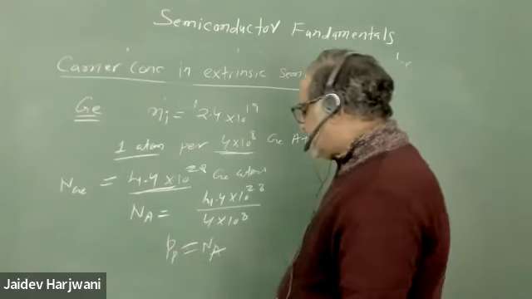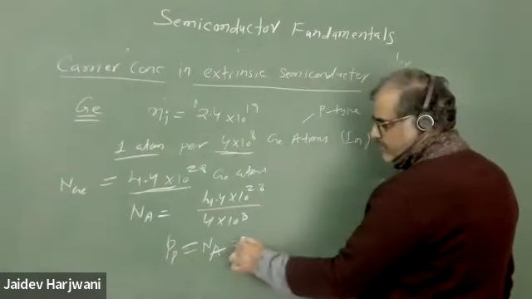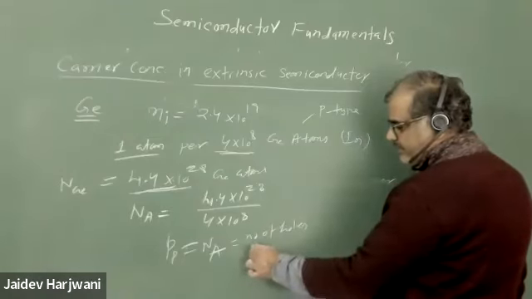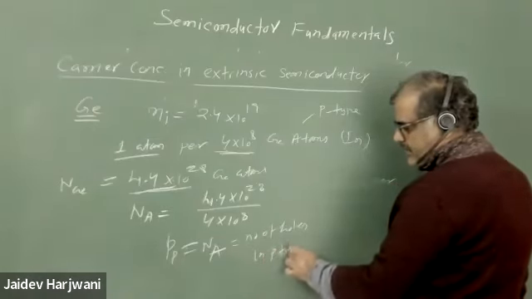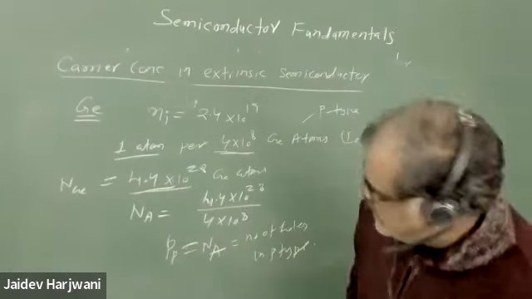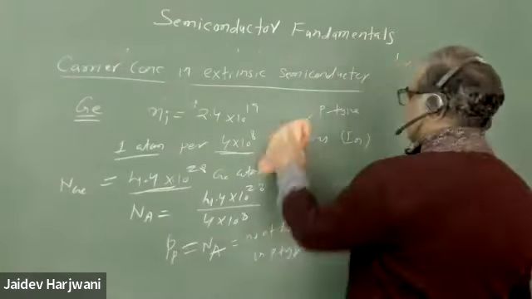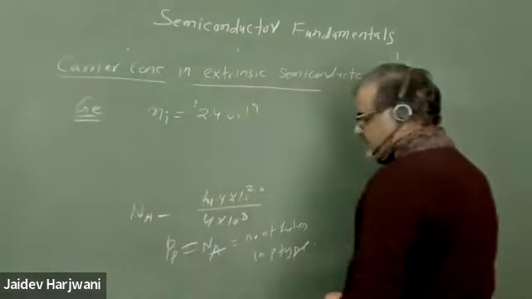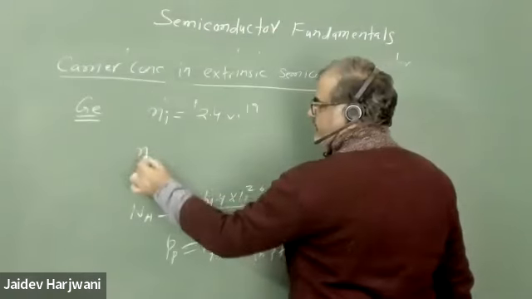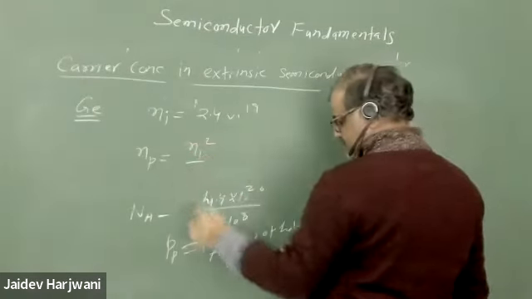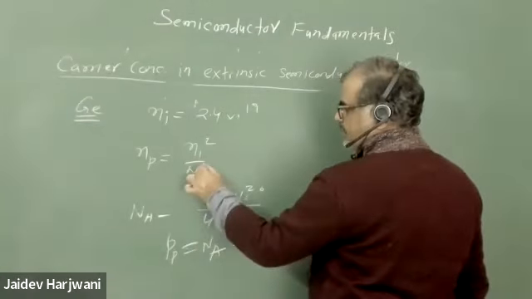So pp will be equal to Na, the number of holes in p-type. They are asking the number of electrons in p-type, so we can use the law of mass action. The number of electrons in p-type will simply be Ni square upon Na.